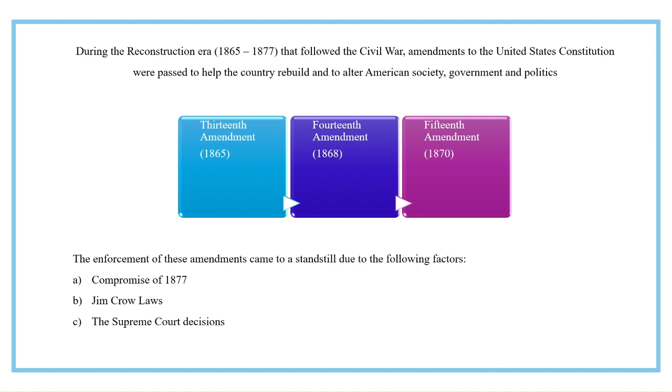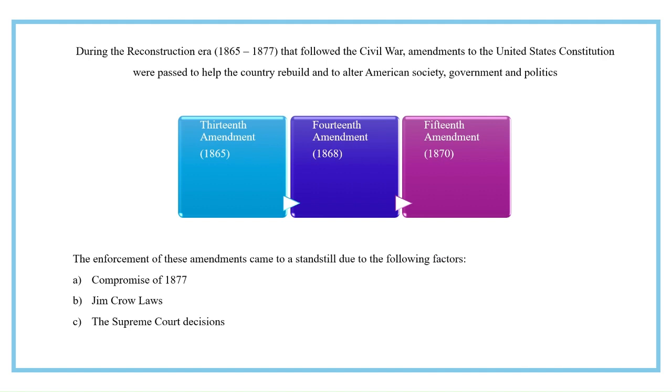It was believed that it was possible to transform the United States from a country that was half slave and half free to one where the entire population, including the formerly enslaved and their descendants, would have a constitutional guarantee of liberty. The enforcement of these amendments came to a standstill due to the following factors.